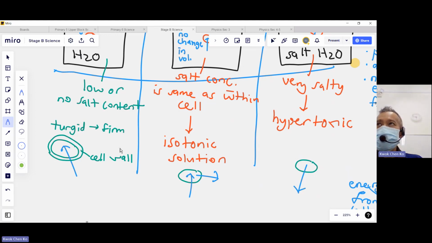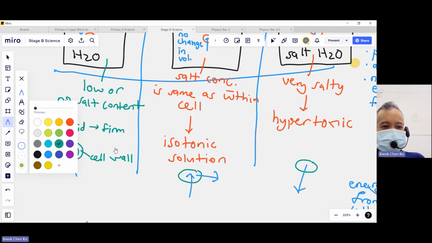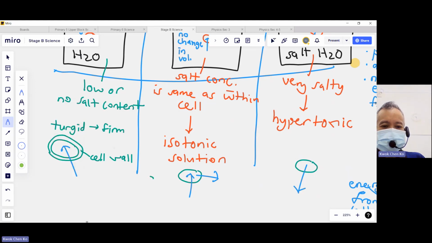Okay, for this case, nothing will happen, but they still want to use this word there. For this case, they call the cell flaccid. The word flaccid means soft, which is normal. Okay, in this case, flaccid is normal.